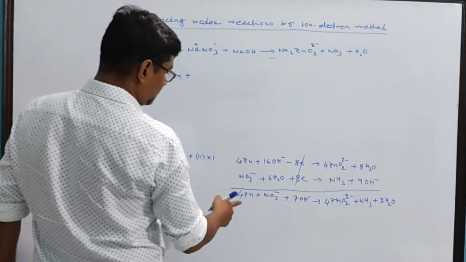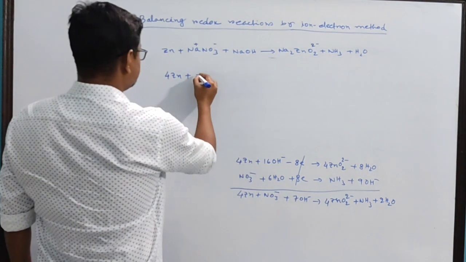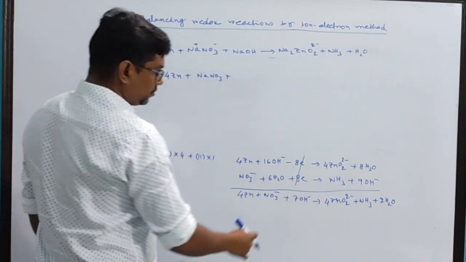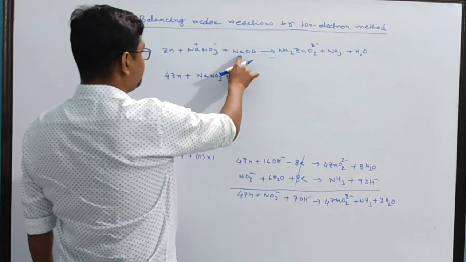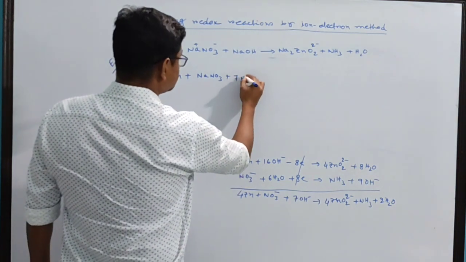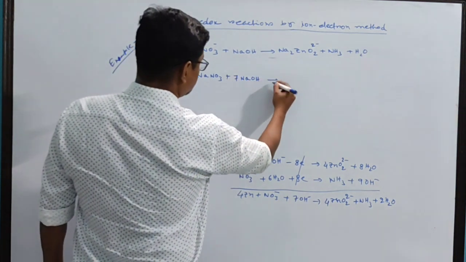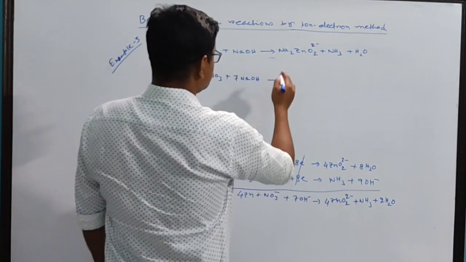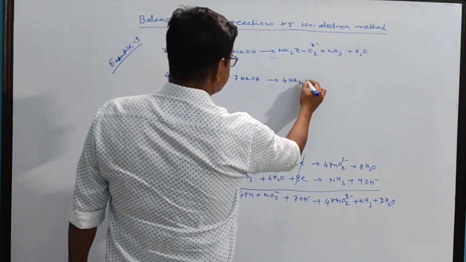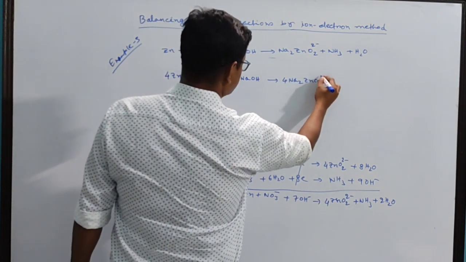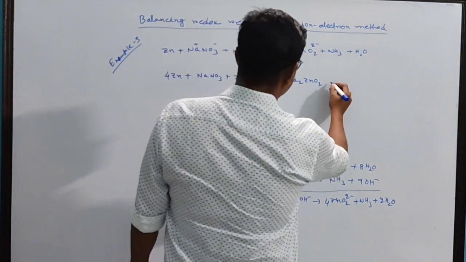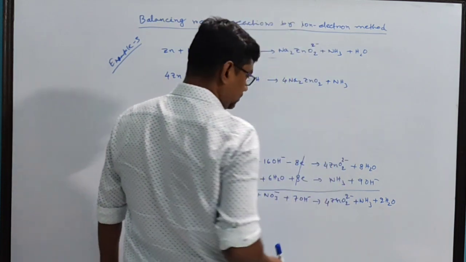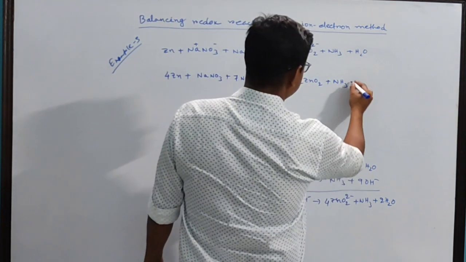NO3 minus was coming from NaNO3, and here the coefficient is 1, so only 1 NaNO3 plus OH minus. OH minus is coming from NaOH, so it will be 7 NaOH, giving Na2ZnO2, 4ZnO2 2 minus are there, so it will be 4 Na2ZnO2, and NH3 is 1, only one coefficient is there, so only 1 NH3, and water is 2.